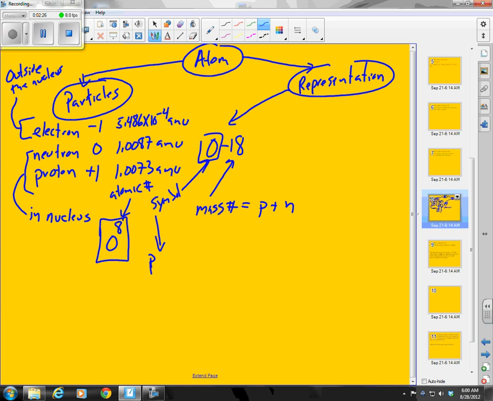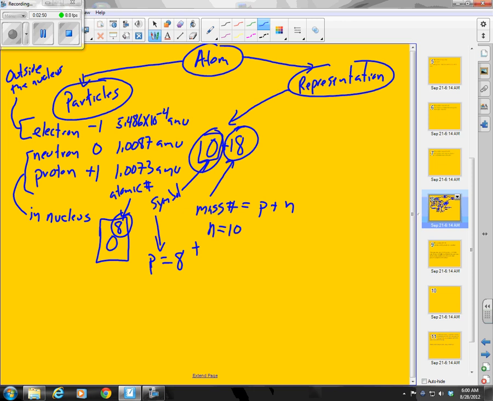So if I look here, I can see my symbol is oxygen. I know that there are 8 protons. If I have 8 protons, then I can figure out from the mass number the number of neutrons. So in this case, there would be 10 neutrons because I have a mass number of 18. That means the total of protons plus neutrons is 18. So that's one way we can look at the symbol and figure some things out.